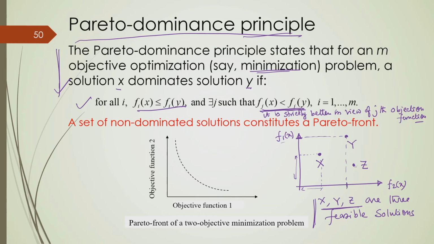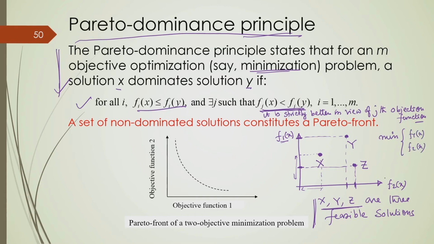And for solution Z, this is the value of objective function 1 and this is the value of objective function 2. Now, we compare these solutions one by one. If you compare solution X and solution Y, since it is a minimization problem, our goal is to simultaneously minimize both f1(x) and f2(x).